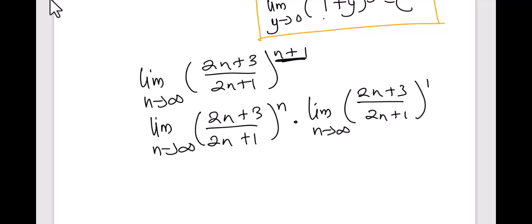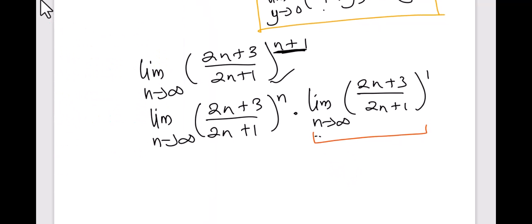According to the laws of indices, if the bases are the same, then we add their powers. So for this second part we can easily work out the limit.